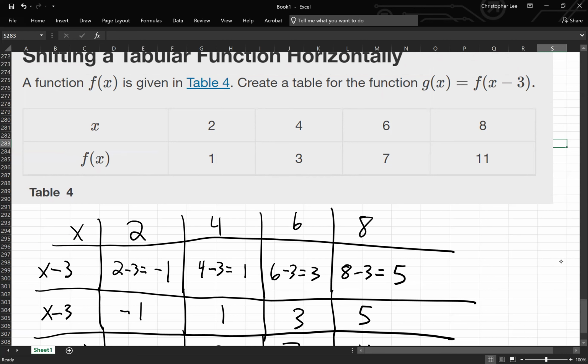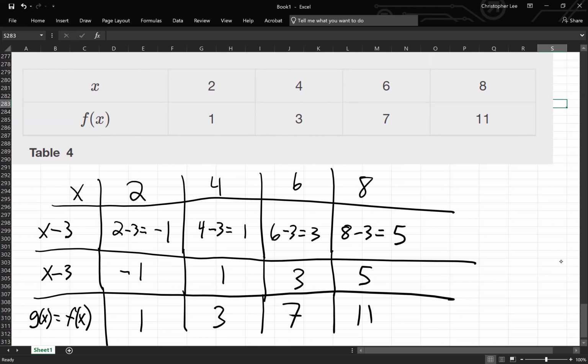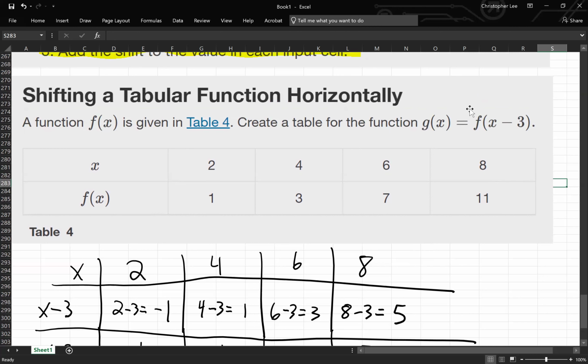It affects the domain, depending on the question. For this particular question, I have g of x is equal to f of x minus 3. That's why, since the x minus 3 is inside the input part. So that's why that's happening.